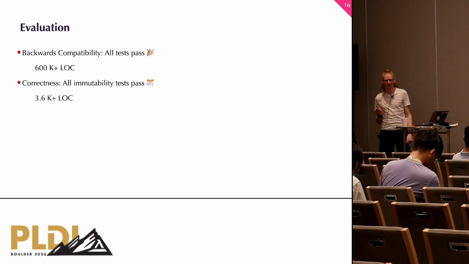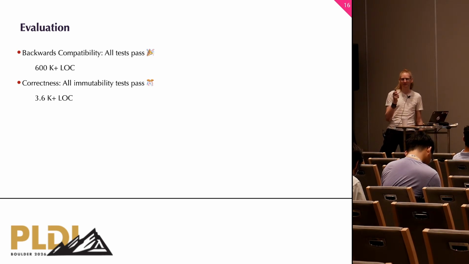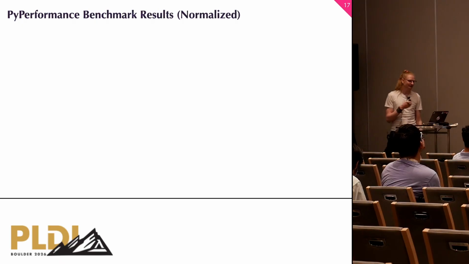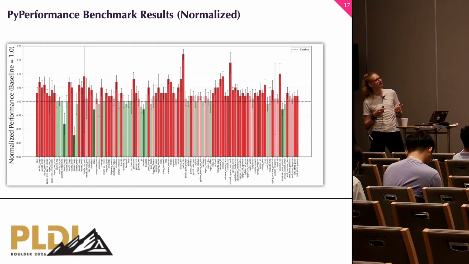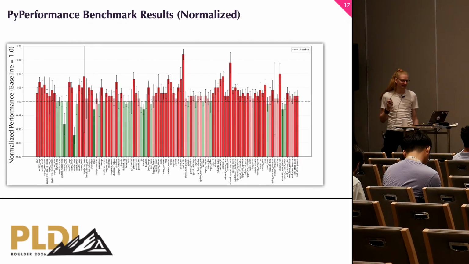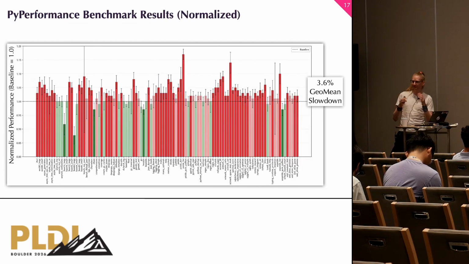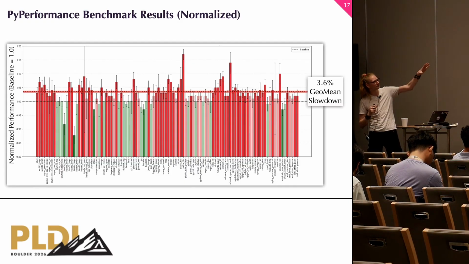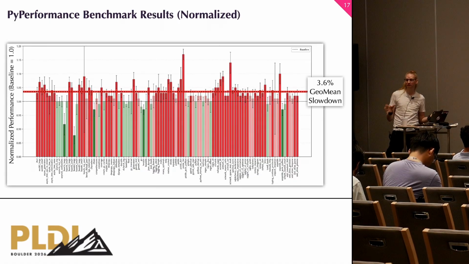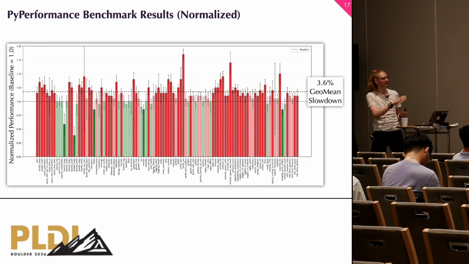Let's talk about performance, which may be super interesting, and some people have been waiting for this. And for this, we've used the PyPerformance benchmark suite. This is a typical benchmarking suite used in Python. And this is the graph produced by it. Of the significant results, we got a slowdown of 3.6%. In the graph, I will mark it right there. And this is of single-threaded programs, so none of these use immutability.